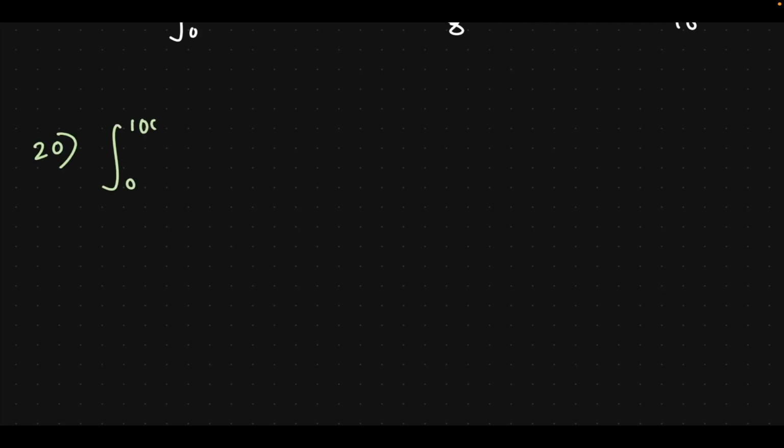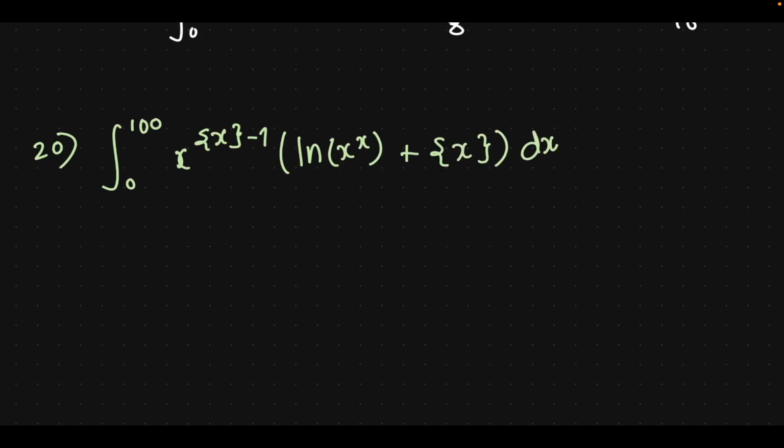Integral 0 to 100 of x to the power of (fractional part of x minus 1) times ln of (x to the x plus fractional part of x) dx. Now we can do what we usually do for these fractional part integrals.